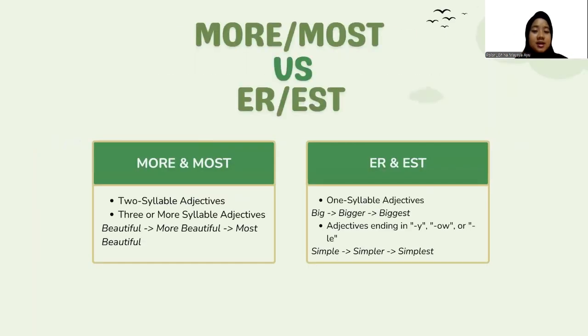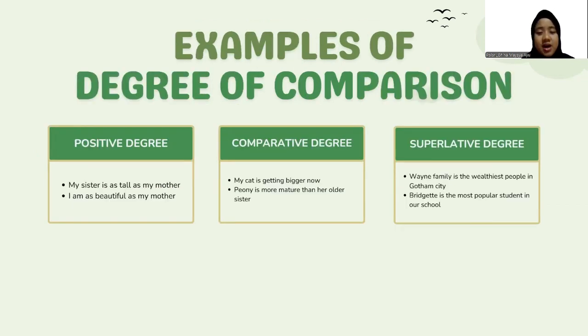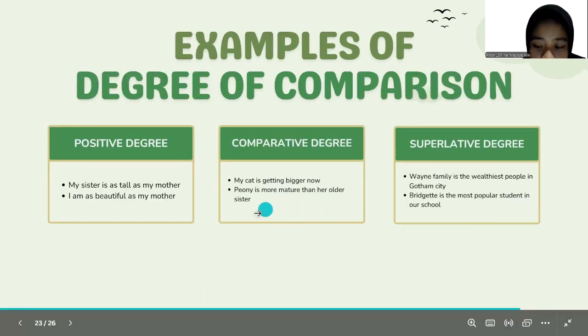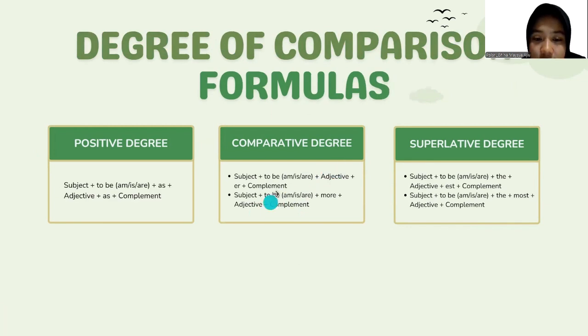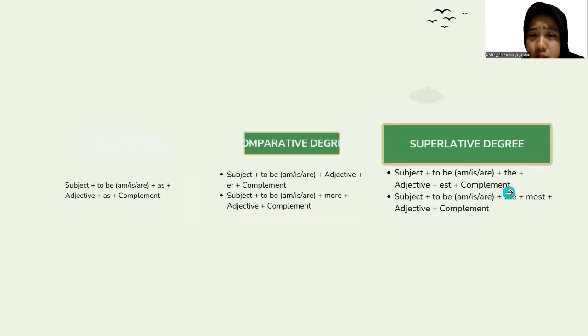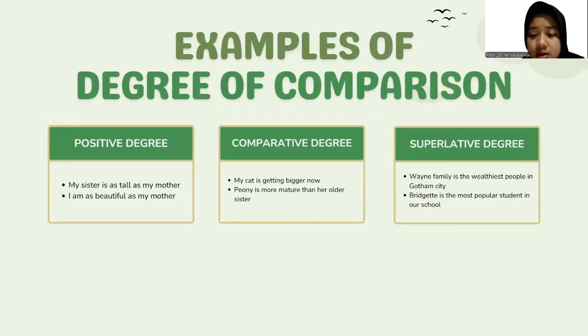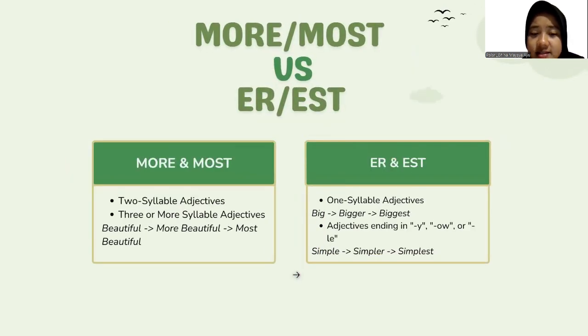Now, here is the difference between more and most versus er or est. Maybe you guys have seen about that. We have er and est here, and we also have more and most. What is the difference between the four of them? So here is the difference, guys.